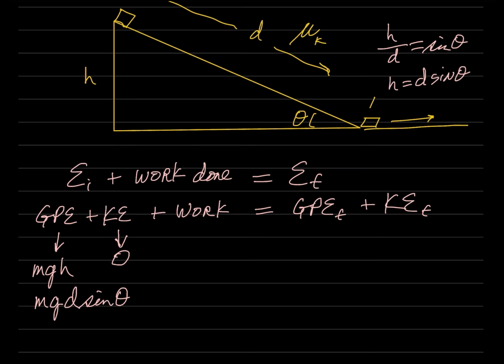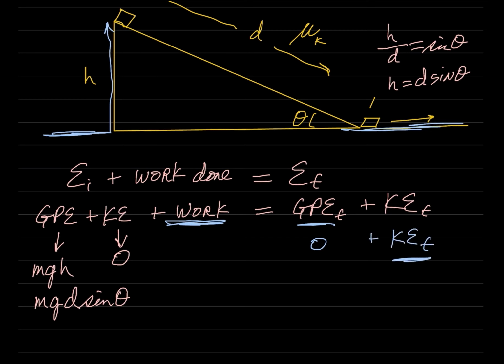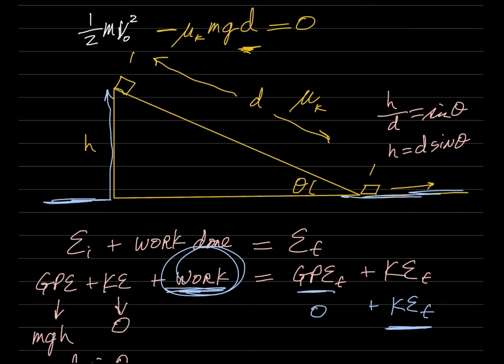The work from friction, we'll figure that out. The gravitational potential energy at the end is 0 because if we call the gravitational potential energy at the beginning mgh, that means that this is our reference plane, and here it is at 0, and the kinetic energy that's final, well, that's what we want to figure out. And when we figure out the work, we'll have the kinetic energy because we have everything else. So let's see what's going on with our friction.